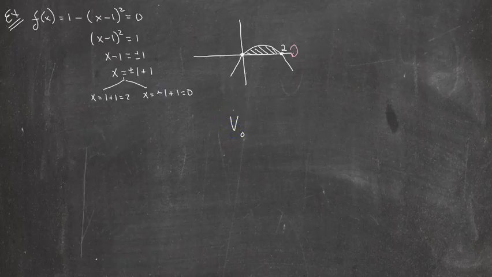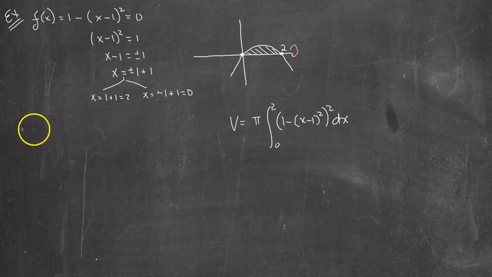So V equals pi times the antiderivative from 0 to 2 of 1 minus x minus 1 squared, all squared, dx. Okay, that's crazy. I want to clean this up before I even try to do that calculation. So I have 1 minus x squared minus 2x plus 1.